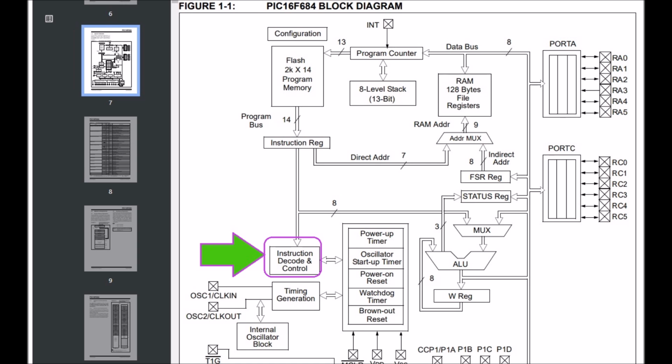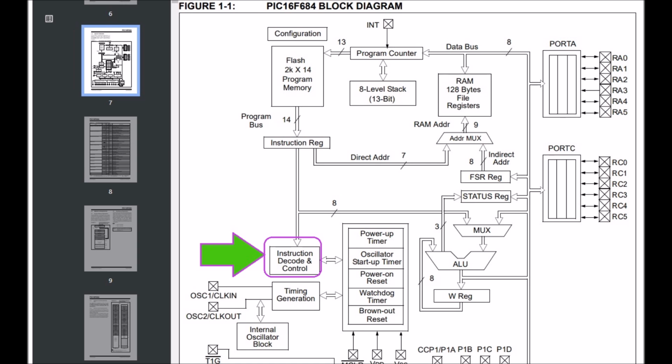Functions of the instruction, decode, and control block. So I guess one of those functions would be fetching instructions. Instructions are fetched from program memory sequentially. The program counter holds the address of the next instruction to be executed. The fetched instruction is then passed to the instruction decode unit.